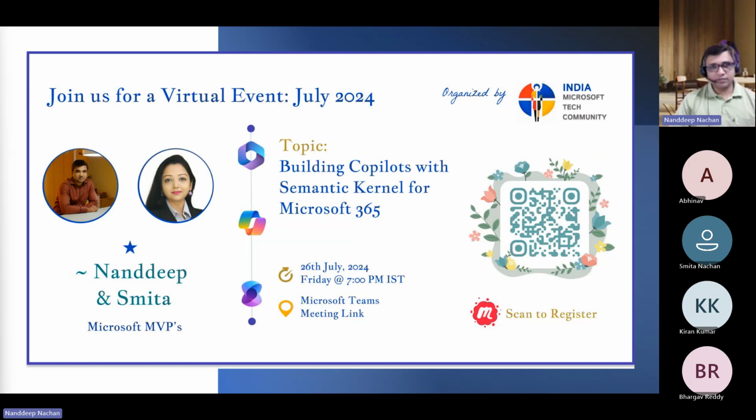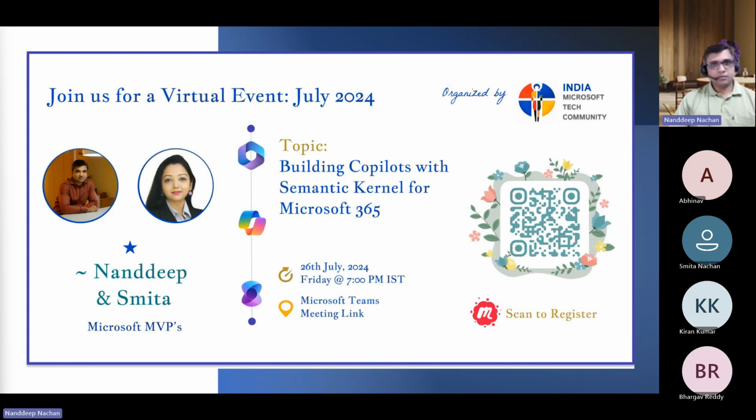So this is what we have today to discuss with you, because as of today we have various things being covered under Microsoft 365. At the same time, when we are looking to have AI functionality built into the Microsoft 365 apps, most of the time we encounter Copilot as well as semantic kernel.